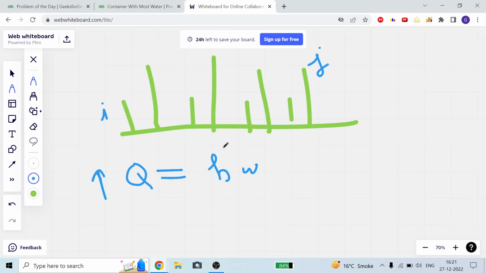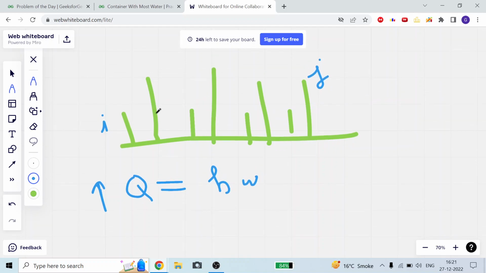But because we are moving i and j toward each other by one step, we are going to decrease w in each move. So to make the quantity as large as possible, we need to increase h as much as possible. So we will move the particular ith or jth index whose value is minimum.